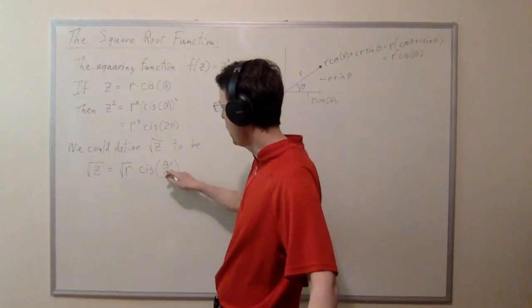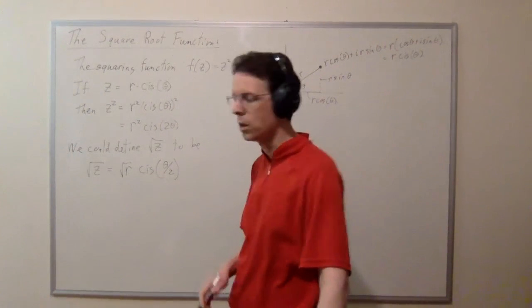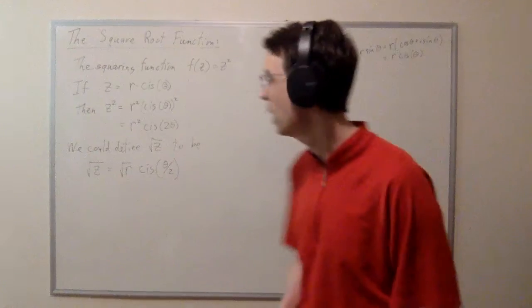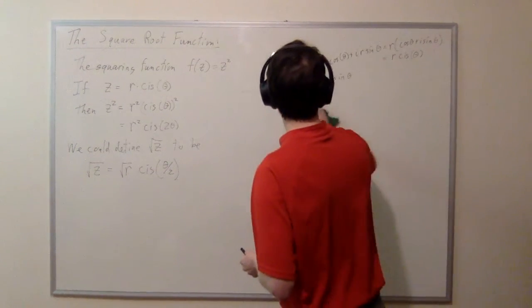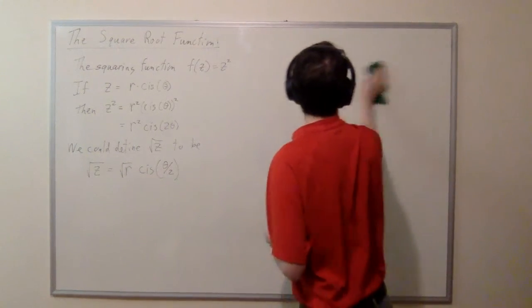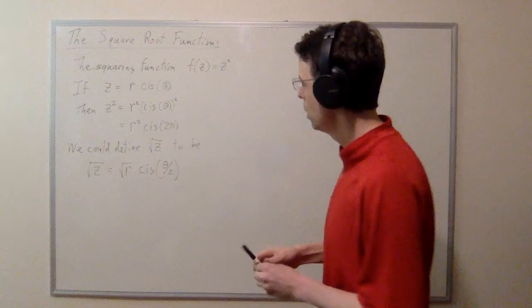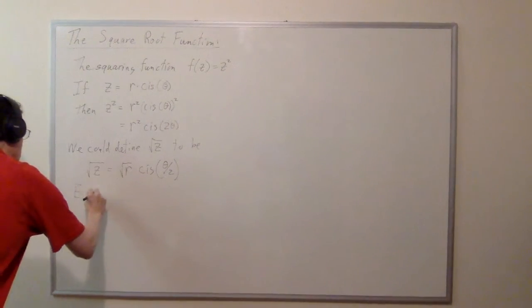So here I'm taking the angle and dividing it by 2, and then I'm taking cis of that. So let's try to indicate how we would do this geometrically on the complex plane. Let's just do a few examples, starting with the square root of 4i. So, example here, we're going to calculate the square root of 4i.